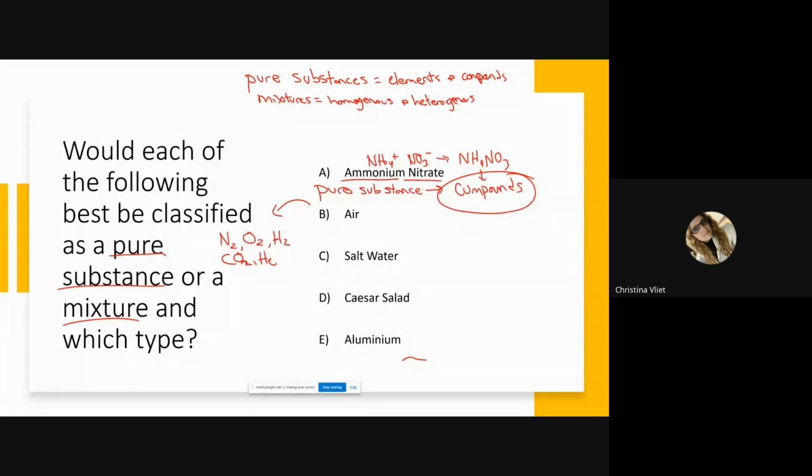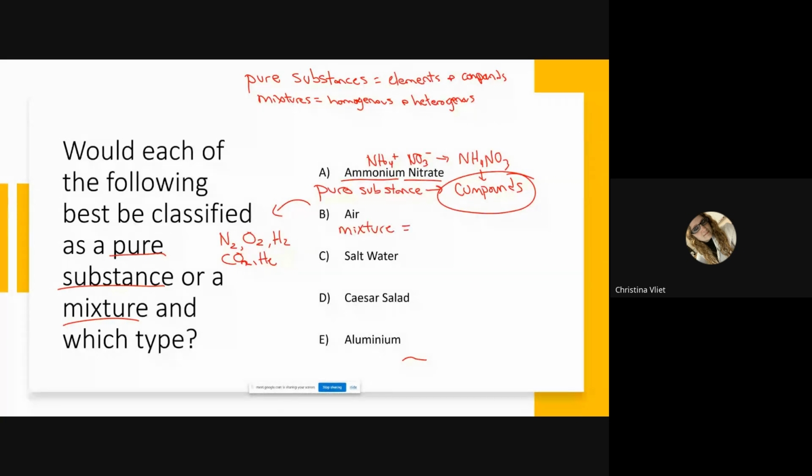Trace amounts of other noble gases like neon. So there's a decent amount of components. Hopefully you don't have that much carbon monoxide in your air. Air is a mixture of a bunch of gases. They're not fused together, so we would say it's a mixture.